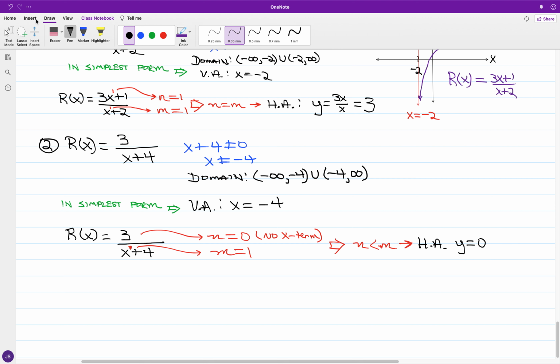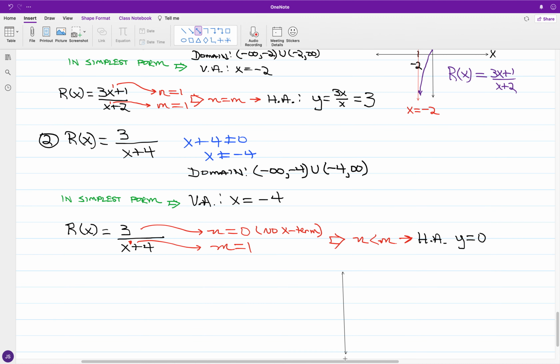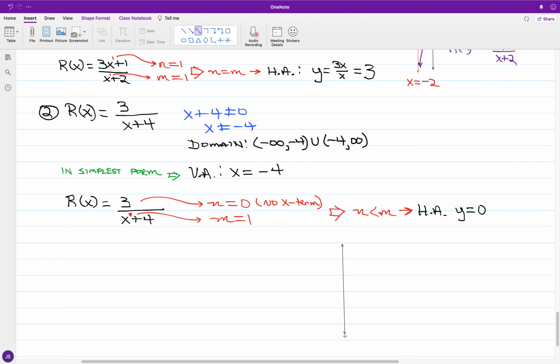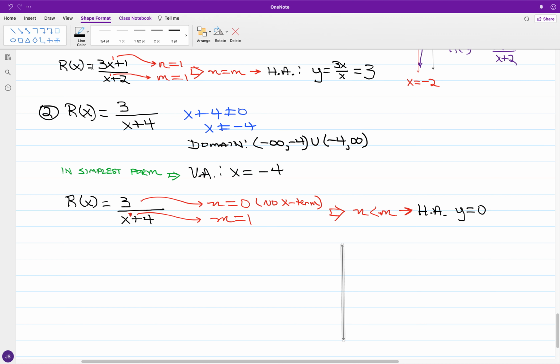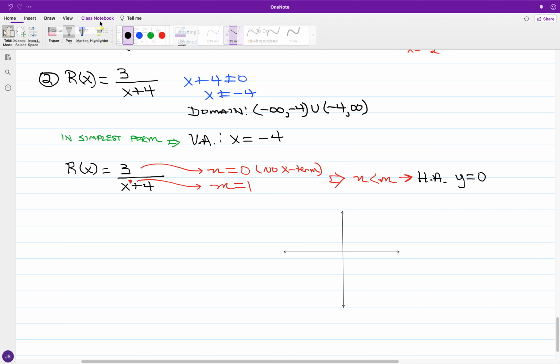So looking at what we have, the items of interest are x equal to negative 4, and again, y is equal to 0, and that is going to be the x-axis.